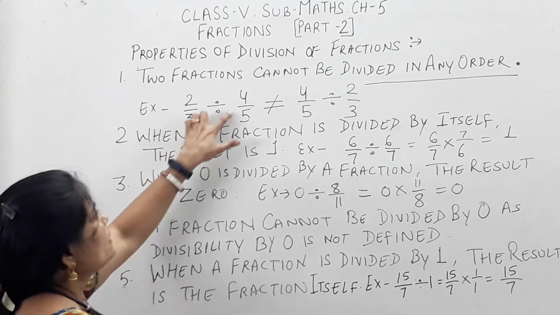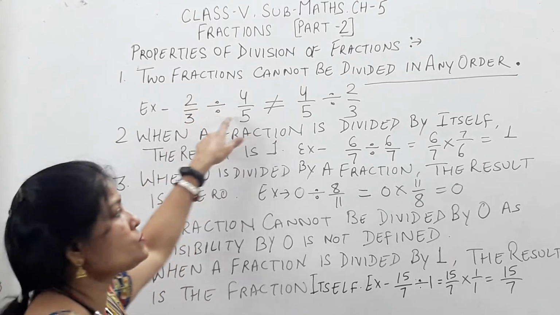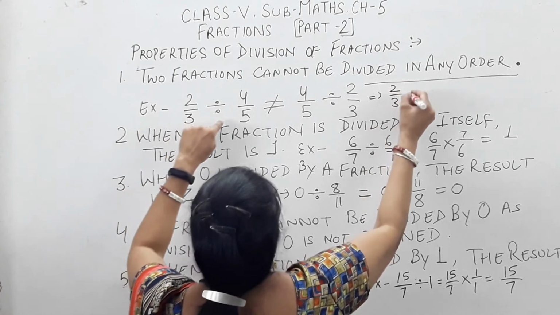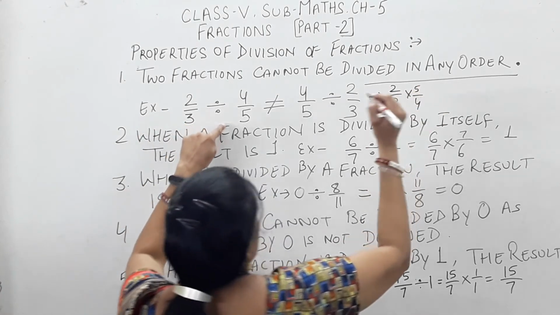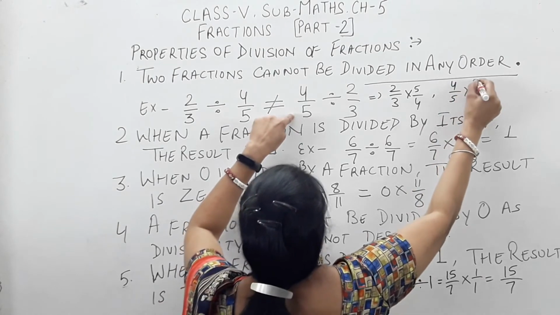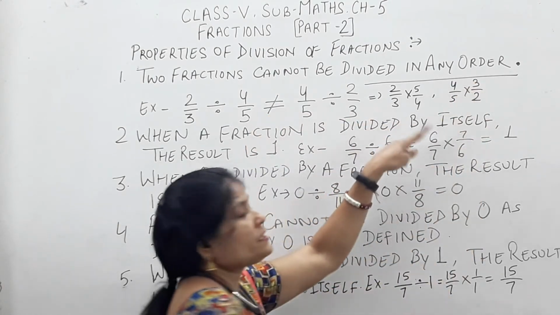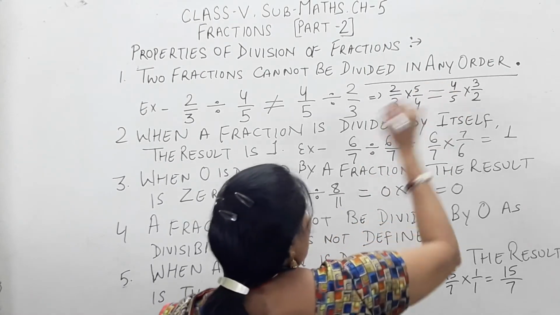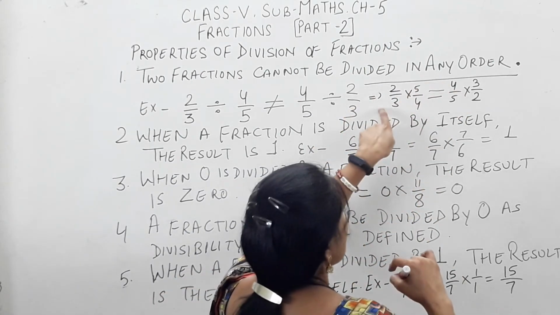How? You know that we can't solve division directly, so we have to solve by the reciprocal. 2 by 3 multiplied by 5 by 4. After that, 4 by 5 multiplied by 3 by 2. After changing to the reciprocal, I get the answer. 5 2s are 10, 4 3s are 12.